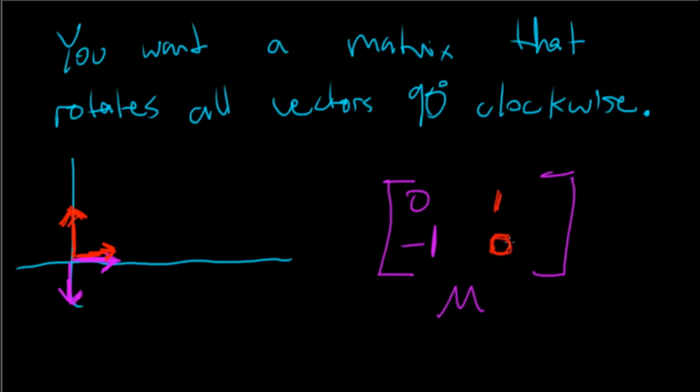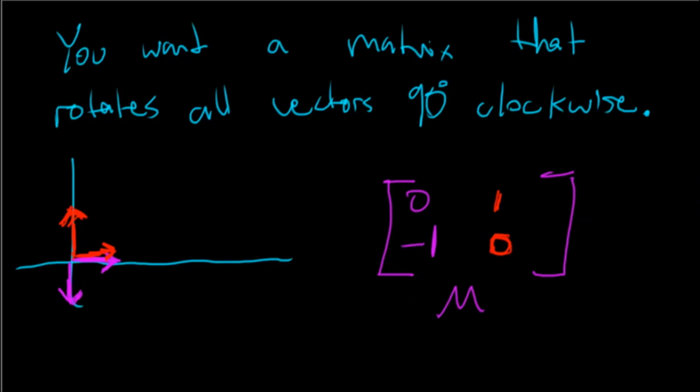There is your matrix that rotates 90 degrees clockwise. We didn't have to figure it out just by doing. We just took 1, 0 and 0, 1, and we looked at the images, and this is the matrix that rotates 90 degrees clockwise.